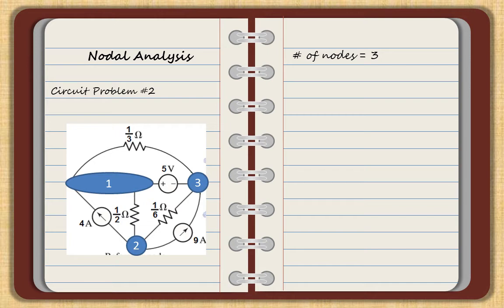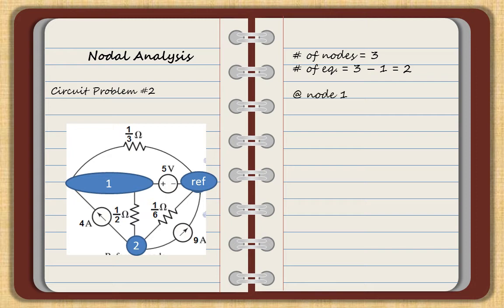In this circuit we only have one voltage source, which is the 5 volt voltage source. On its negative side we have node 3, so we make node 3 the reference node. Therefore, we are expecting 2 equations.